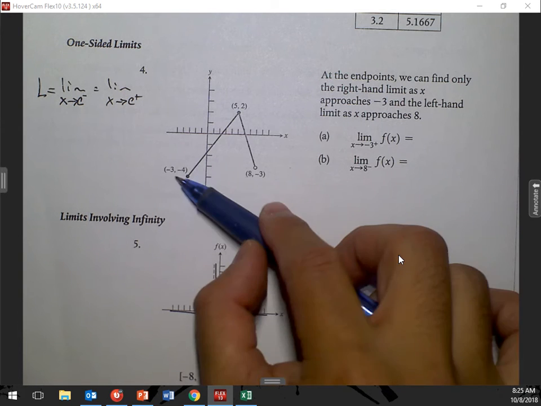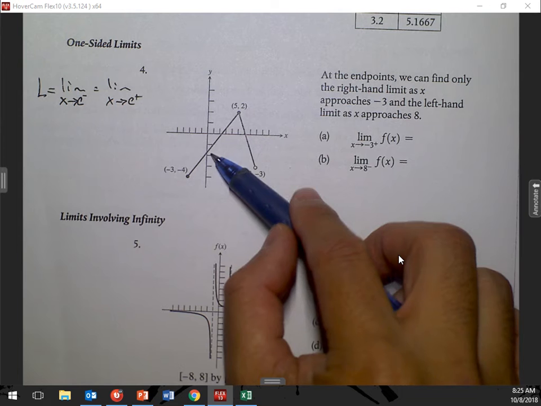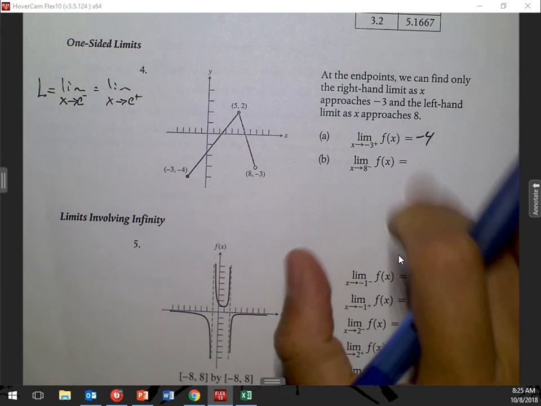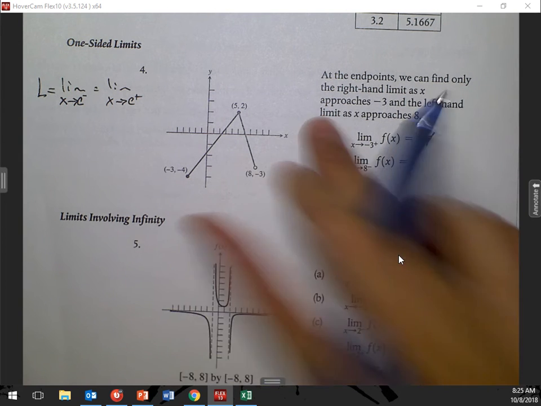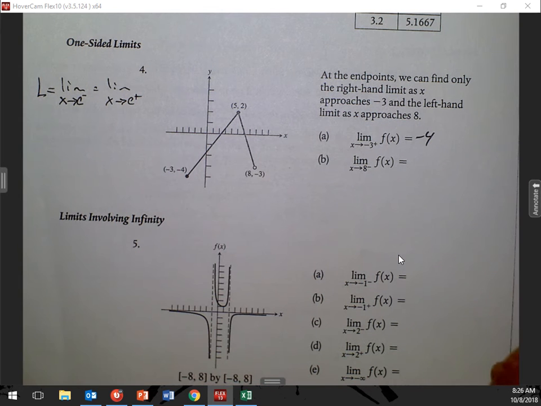So it's going to the number -4, right? Hopefully 1, 2, 3, 4. Yeah, -4. Does that make sense? Does anyone actually have questions on that? The difference between the limits and the one-sided limits? We're okay?